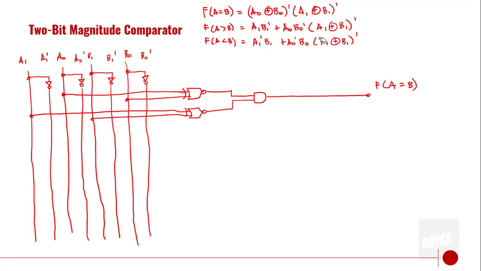So, okay na to. Second is ito naman. So, A1, B1 prime. And then, A1, B1 prime. Next is A0, B0 prime. So, gagawa lang ako ulit dito.